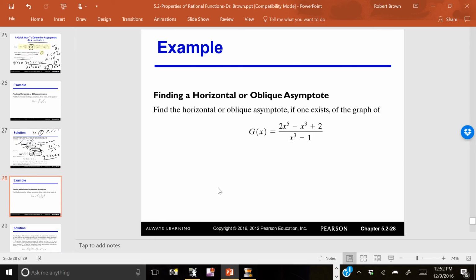Now, g of x equals 2x to the fifth minus 3x cubed plus 2 over x cubed minus 1. Notice a real quick way to look at this. g of x is approximately equal to the dominant terms.